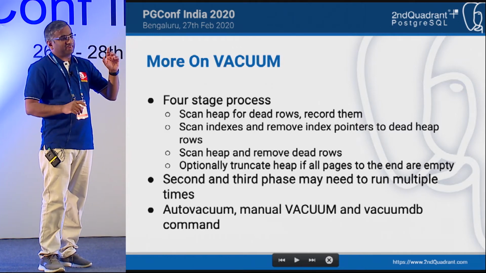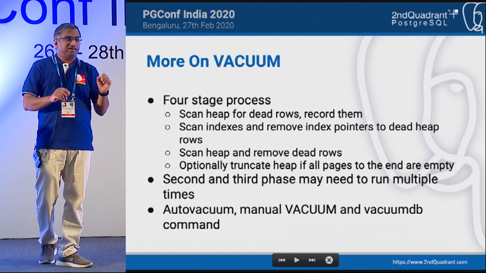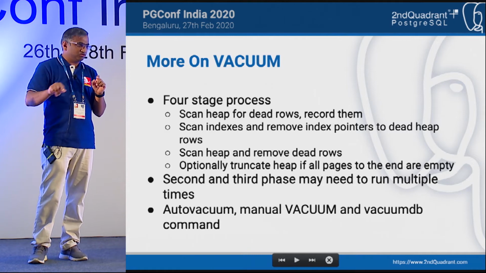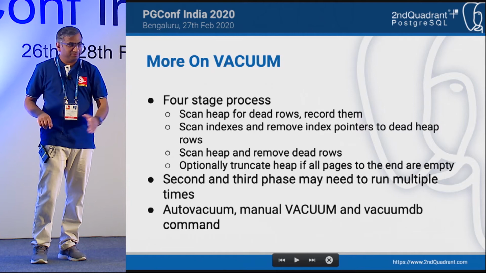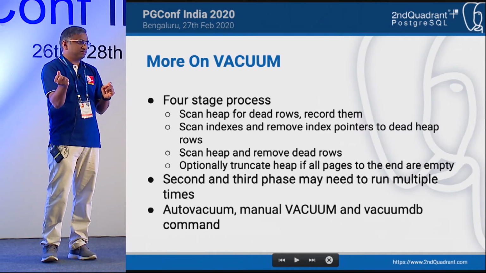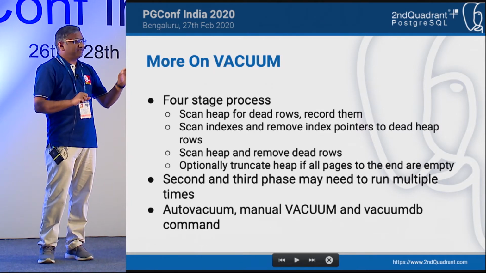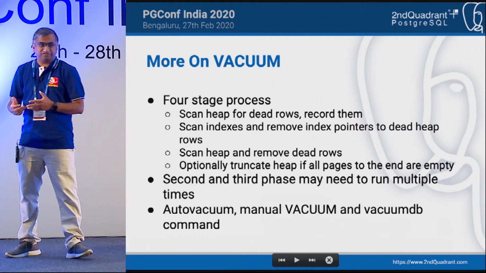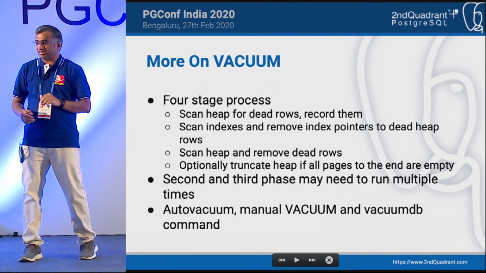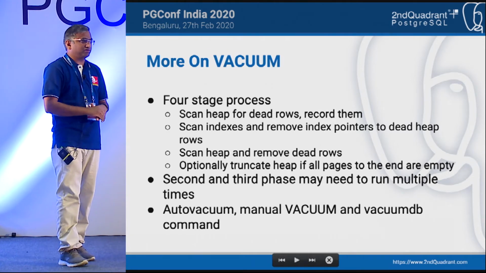Then we go ahead and scan every index on that table and first remove all the index pointers to those dead rows. Then we come back to the heap again, scan the entire heap, and actually remove those dead versions, and then optionally also truncate the heap if it's possible. Now you can imagine if you are doing this on a 4 terabyte table, how long this is going to take.